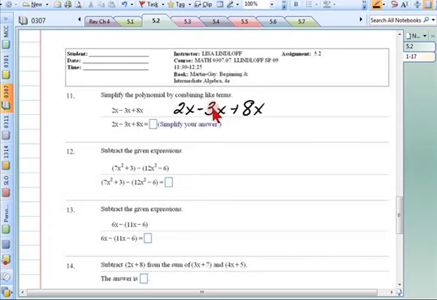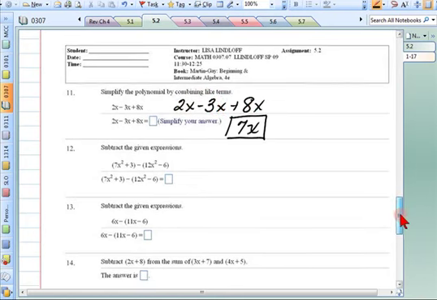So I have positive 2 and negative 3, which is negative 1x, plus 8x is positive 7x. You can do those in any order you want. If you wanted to, you could have added up the two positive terms for 10x and then subtracted the 3 to give you the 7x. Do it any way you want. Now, number 12.